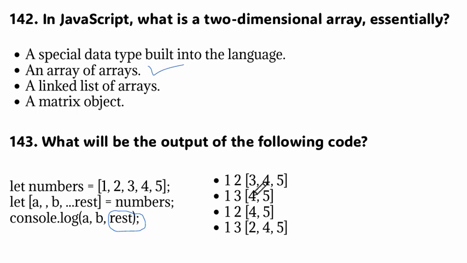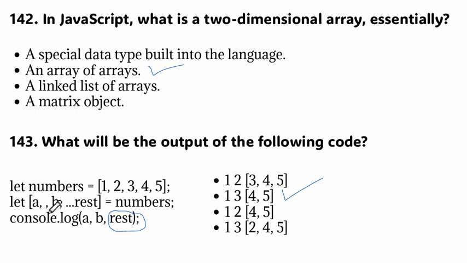So the correct answer is 1, 3, 4 and 5. Yeah, the second one is the correct answer. Sorry for that. 1 will replace A, 3 will replace B, and the remaining 4 and 5 will replace rest. Now you may be wondering where the 2 has gone.